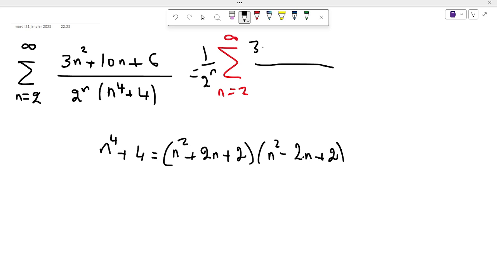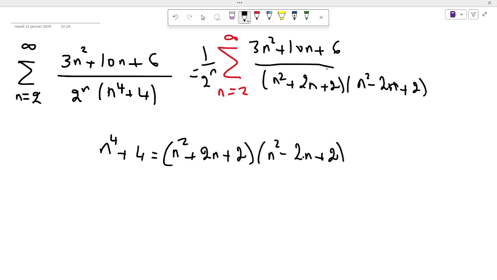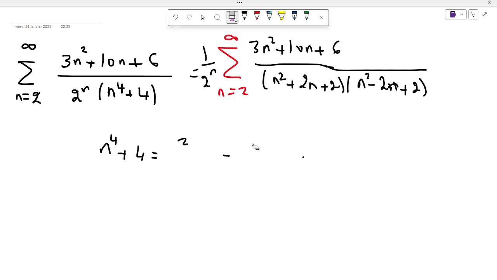So it's (3n squared plus 10n plus 6) over (n squared plus 2n plus 2) times (n squared minus 2n plus 2). Now the thing we want to do is get a minus in that expression and try telescoping. When we get the minus, terms start to simplify, and eventually we'll get to a result.